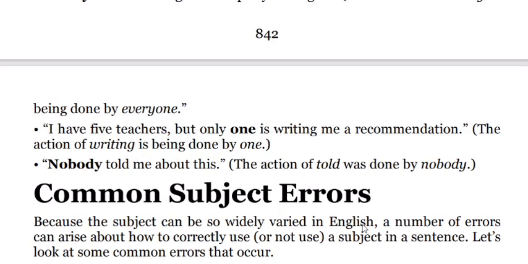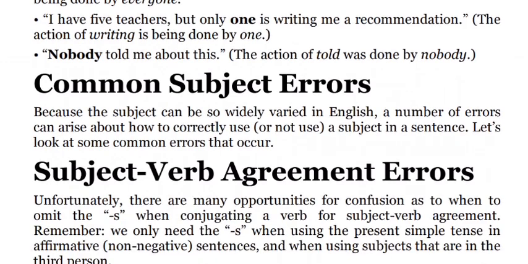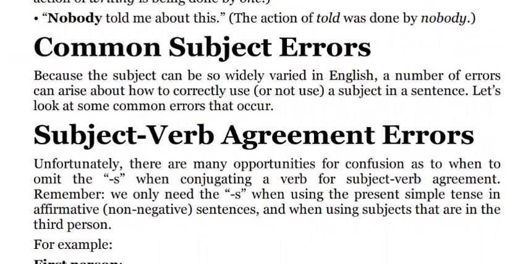Now we will discuss some common subject errors. Because the subject can be so widely varied in English, a number of errors can arise about how to correctly use a subject in a sentence. Let us look at some common errors that occur. Subject-verb agreement error.